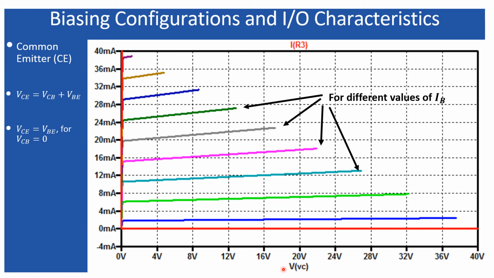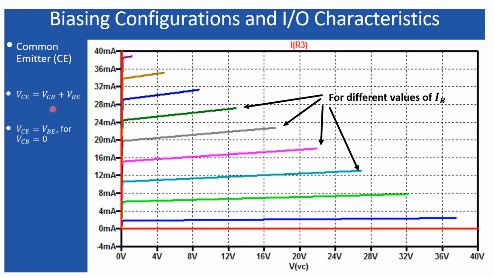As I have plotted VCE over here, you will see that VCE is at a potential which is greater than 0 while VCB goes to 0. Now if you decrease VCB much more beyond 0, for example you took a value VCB equal to minus VB, then only VCE will go to 0.